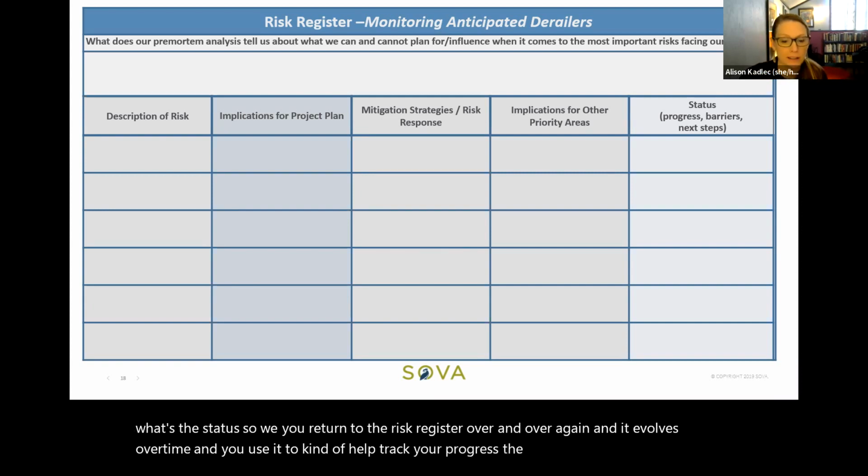The thing that is important to note here is that this actually is an evidence-based approach. Research has shown that exercises in prospective hindsight, where you imagine a future and then you plan against that imagined future, make teams about 30% more likely to identify derailers that they might otherwise miss, or to plan for and mitigate against stuff that otherwise befalls teams.